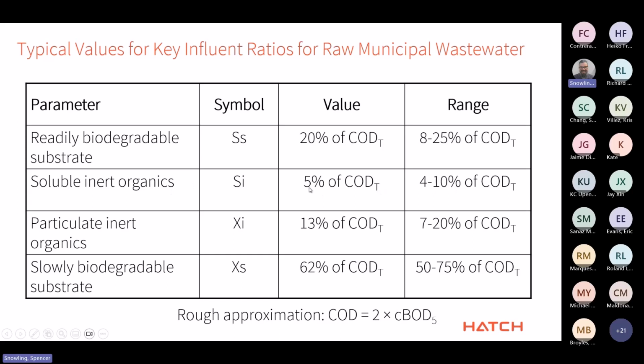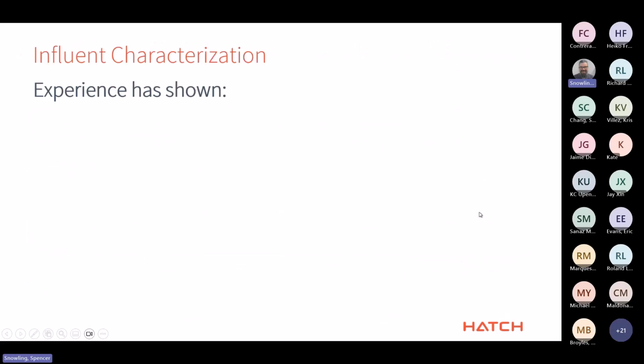But 5 is the default, and the range is from 4 to 10. So these numbers are somewhat where you would expect them to be in a reasonable range. I should emphasize this is for regular raw municipal wastewater, right? So you can use those numbers to have a good feeling about whether the numbers that you ended up with make some sense.